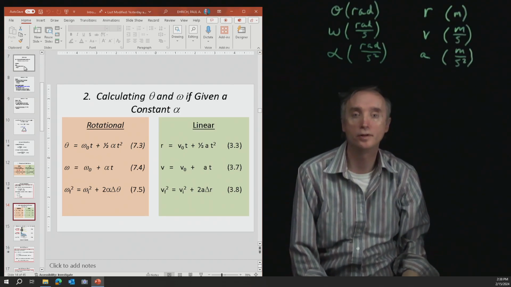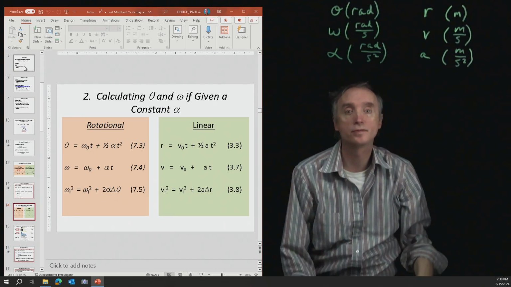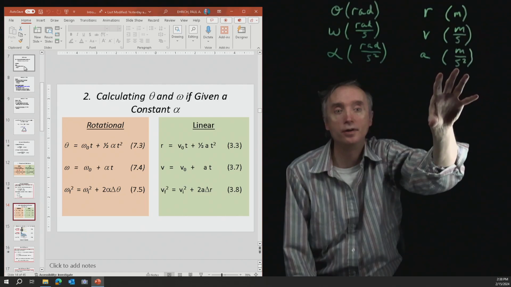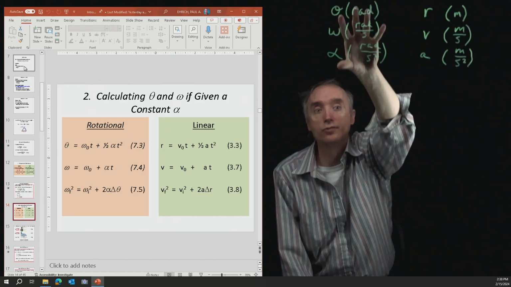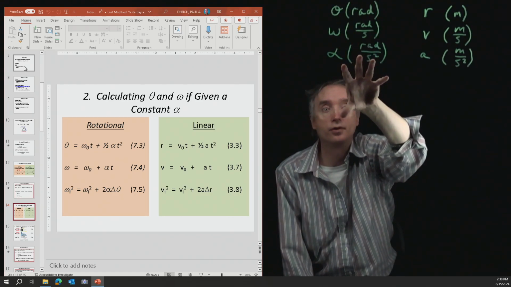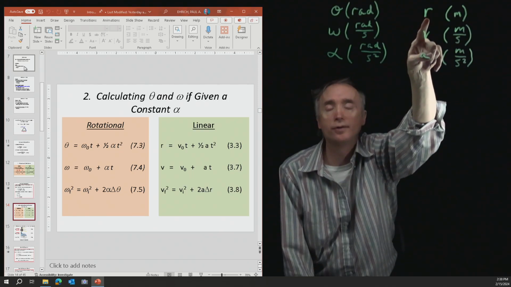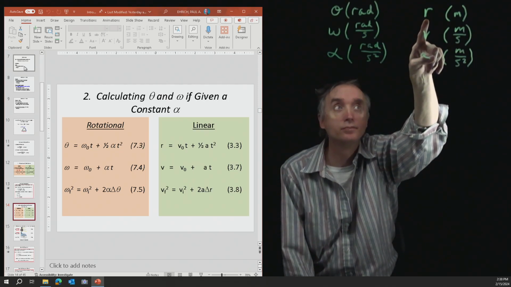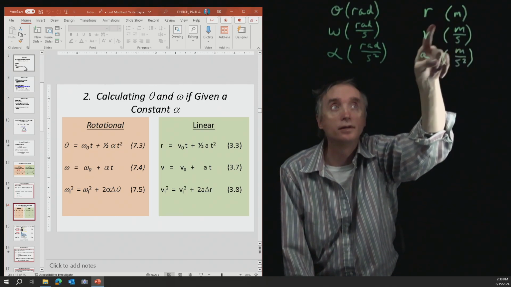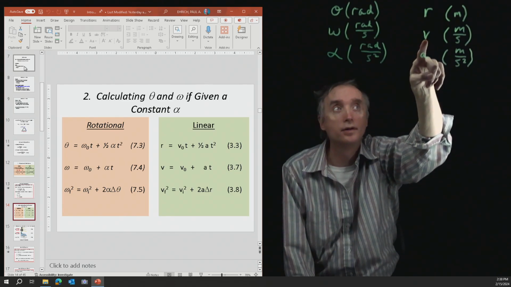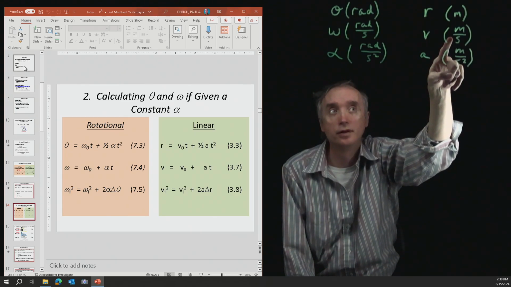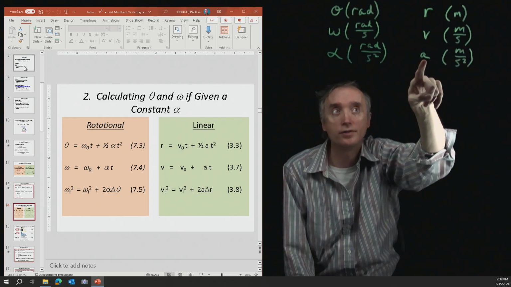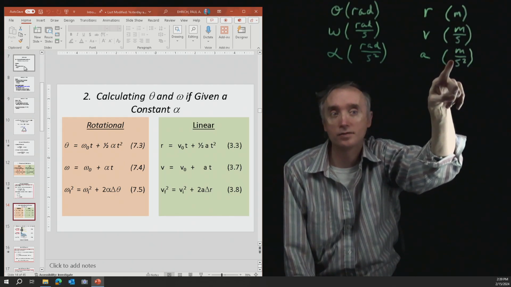Back, and so what I've written up here on the board is the linear concepts over here, and then the angular or rotational concepts are over here. So we have linear distance measured in meters, linear speed measured in meters per second, linear acceleration in meters per second squared.